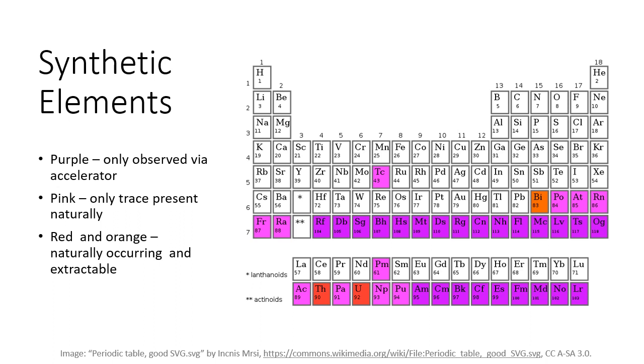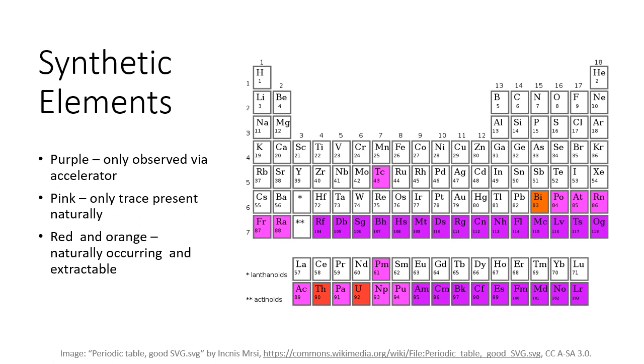It turns out we've made a lot of synthetic elements using particle accelerators. To date, 26 have been documented and confirmed, and they all have symbols on the periodic table. The most recent one was oganesson, I think it is. Everything in purple is only observed if we use an accelerator to make it.